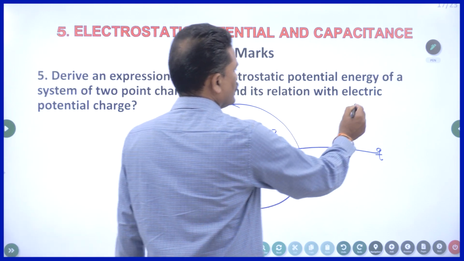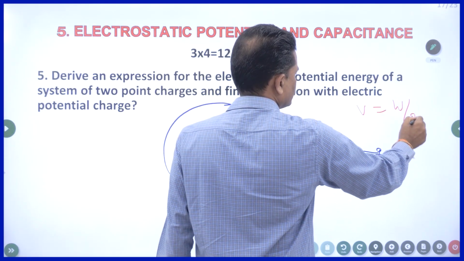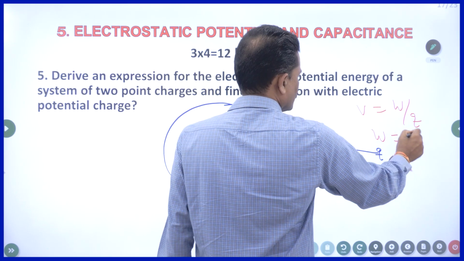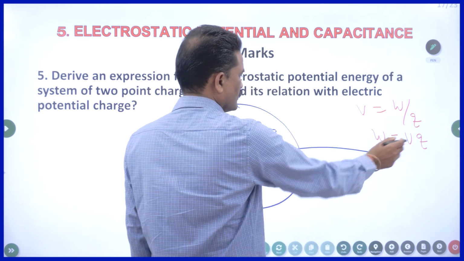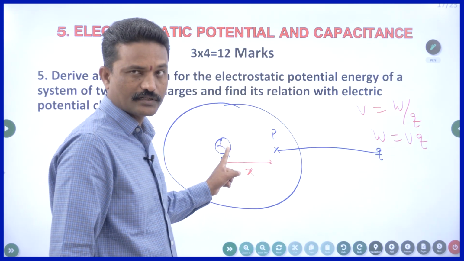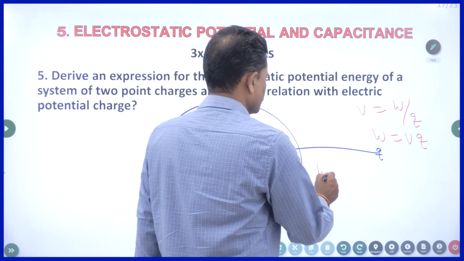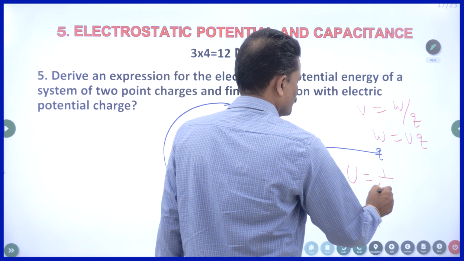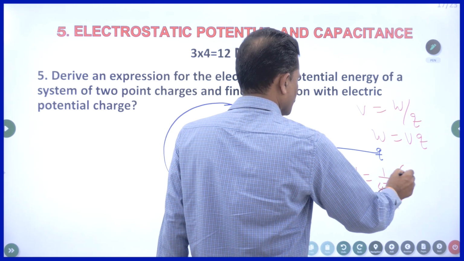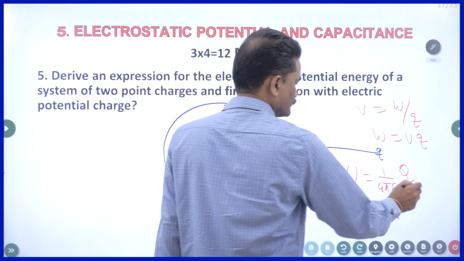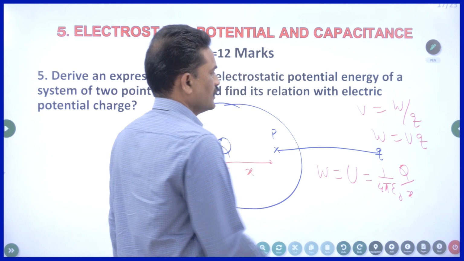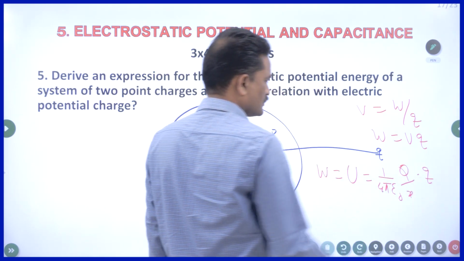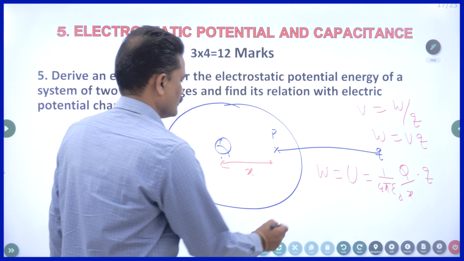So, we know V is equal to W by Q. So, W is equal to VQ. What is V? V is the potential due to a point charge Q. So, W, this is nothing but U. V is 1 by 4 pi epsilon naught Q by X, and times small q. That's all. If you write this much, you will be getting 4 marks.